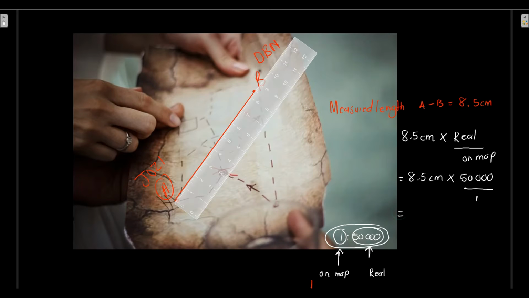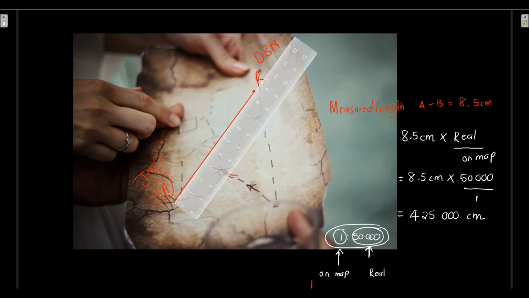If you take 8.5 centimeters and multiply by 50,000, you will get 425,000 centimeters. That basically means that if you were to travel from Johannesburg to Durban, the real life distance is 425,000 centimeters.